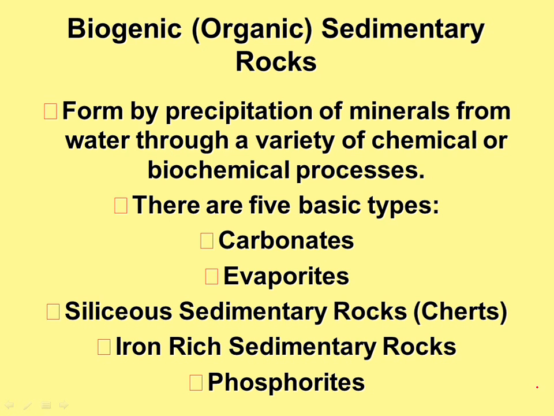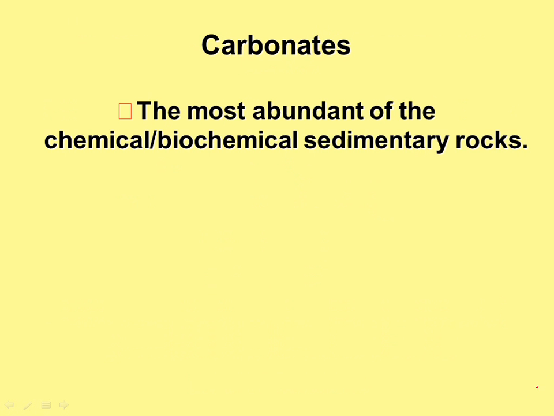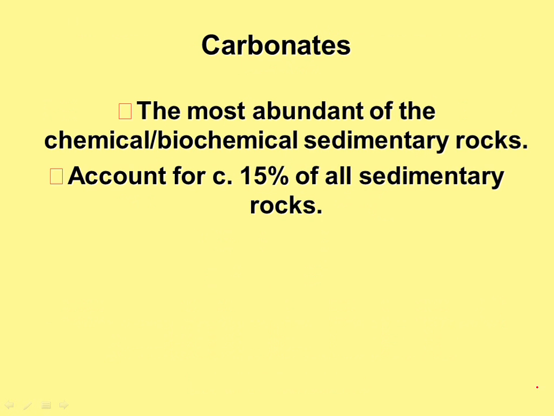sedimentary rocks. As I say, we will look at carbonates, the principal reason being that they are volumetrically the most important of the biochemical sedimentary rocks. The carbonates account for about 14 or 15% of all sedimentary rocks.